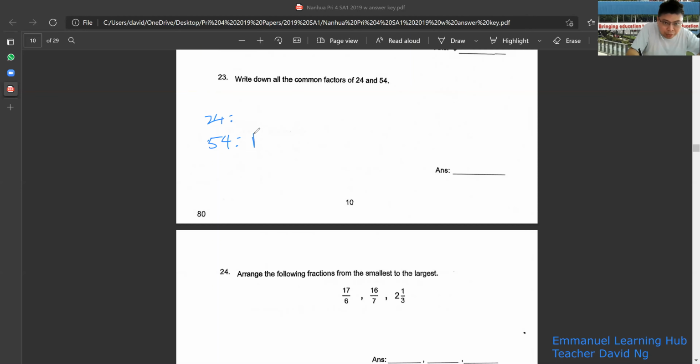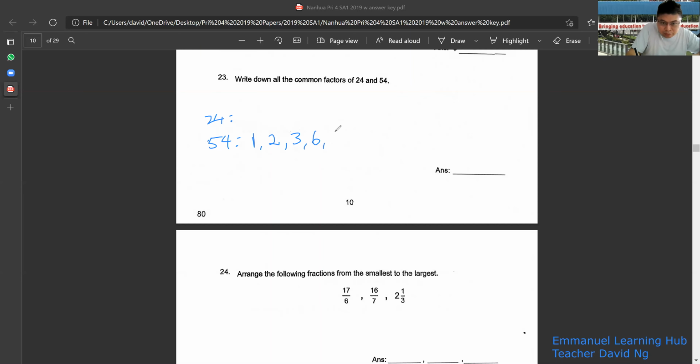You always start from 1. 1, 2, 3, 6, then not 7, not 8. You ask yourself, 6 times what gives you 54?